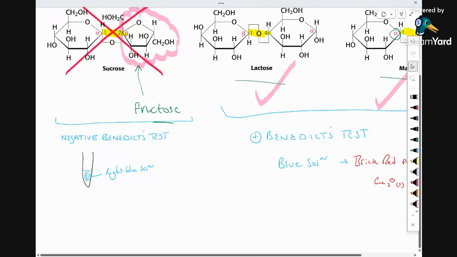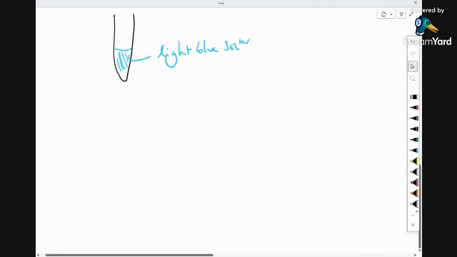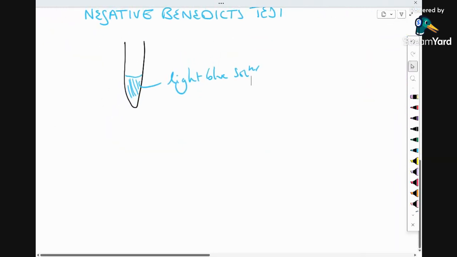So, the reason I point this out is we need to test now. How do you test for sucrose? Because this is really important, just from a general sciencey point of view. We cannot use a negative result to infer anything.